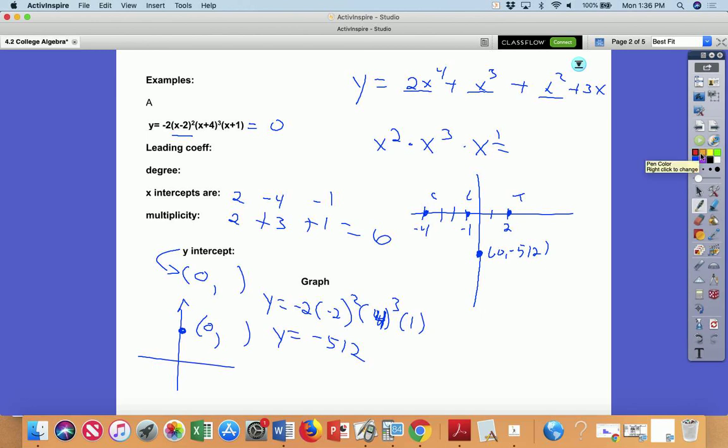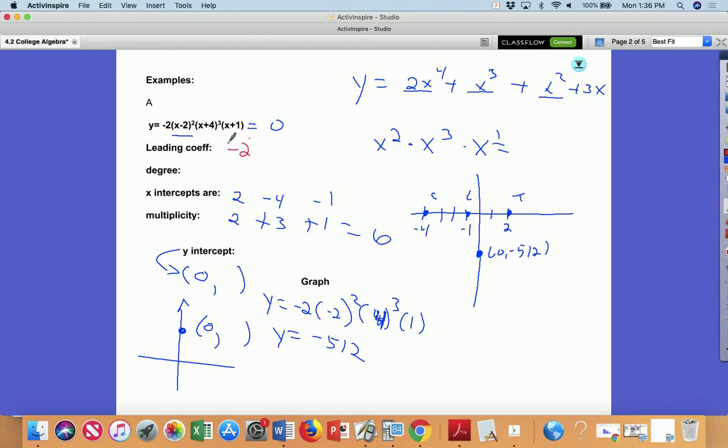Okay, end behaviors. It's an even degree with a leading coefficient that is negative. You told me, right? So you got your end behavior here. So I'm going to put my end behaviors, and now all I'm going to do is go from left to right and connect the arrow to the other arrow.